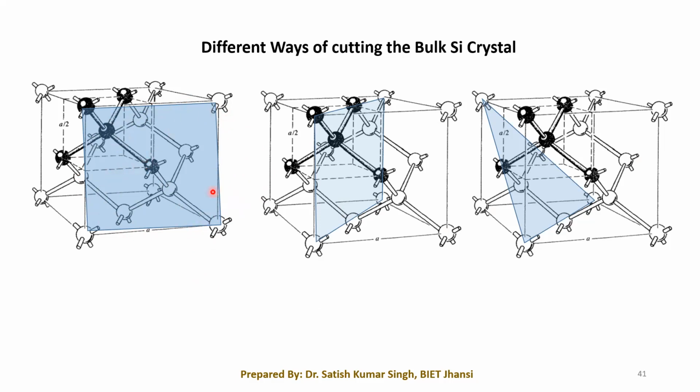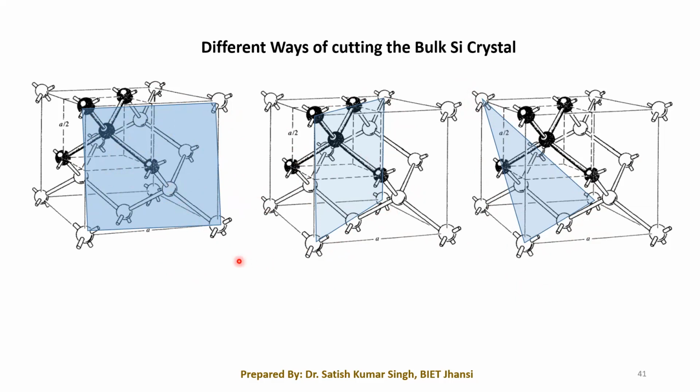I have already explained this. I can go for cutting like this, or like this, or like this. These are the different ways by which I can cut the bulk silicon crystal and then expose the surface.